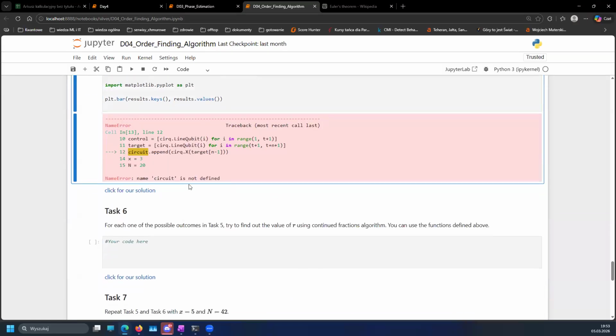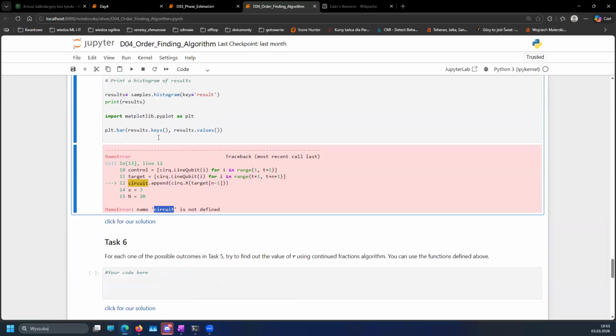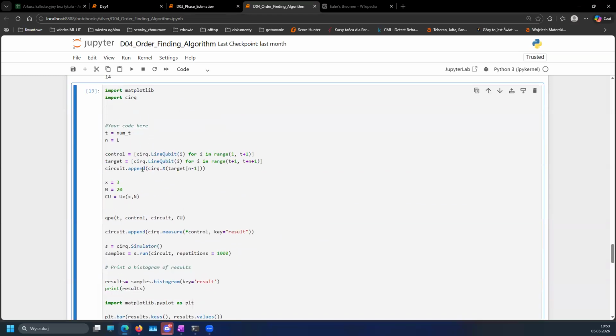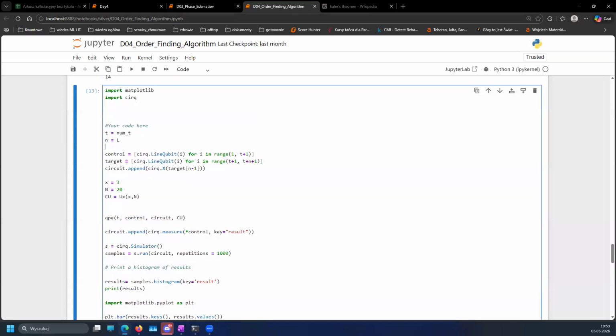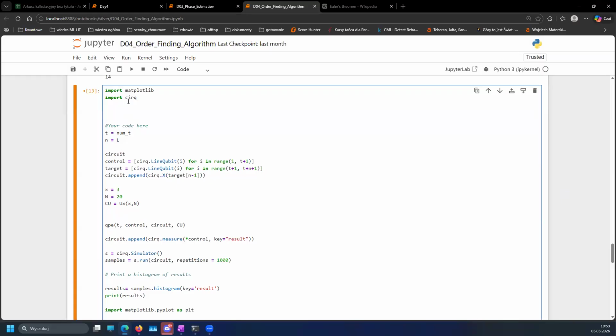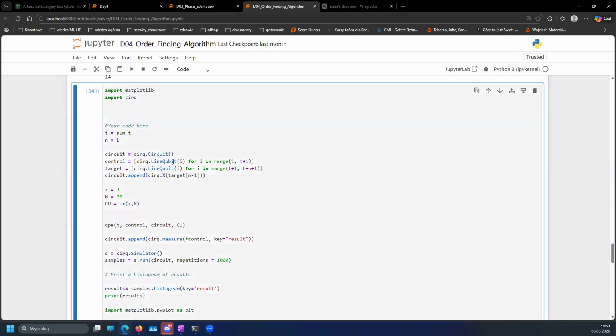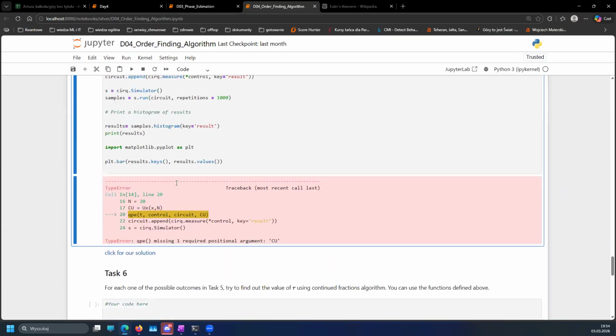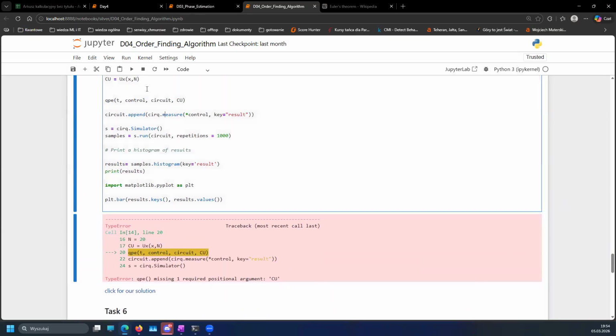Let's check the circuit. Oh, I didn't initialize the circuit itself. What a shame. Here, the circuit, yes, it should be okay. CU, circuit, control circuit.